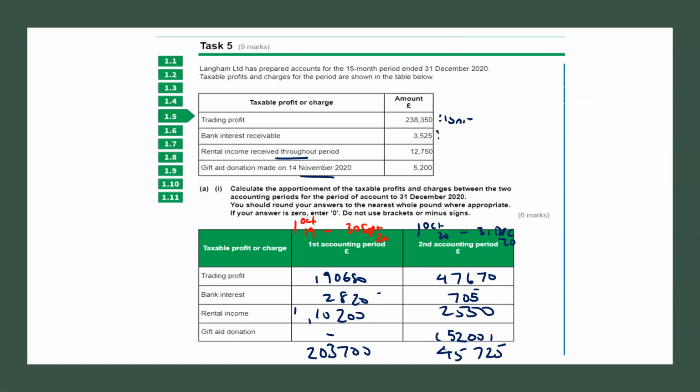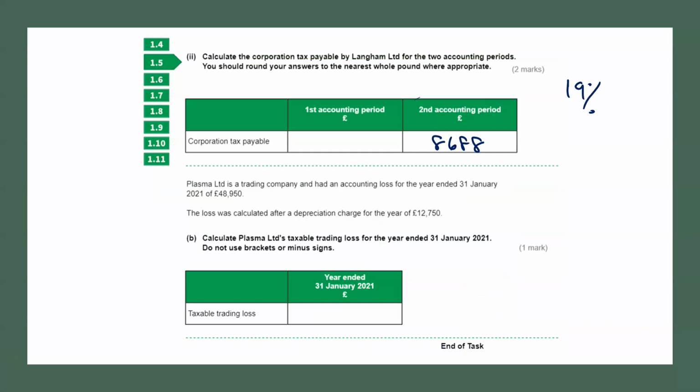And do the same thing: 203,700 times 19% takes us to 38,703, right?